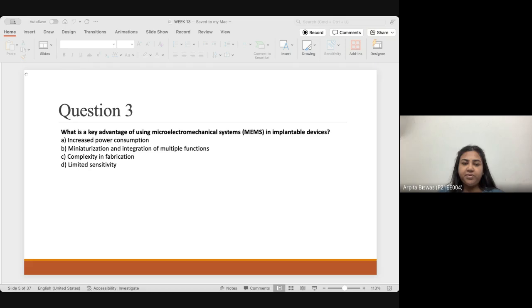What is the key advantage of using MEMS in implantable devices?